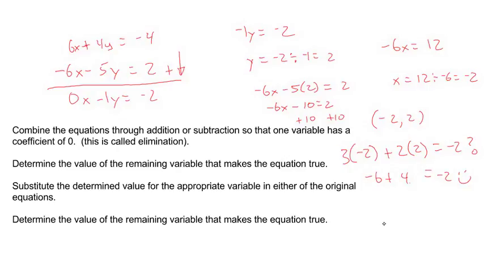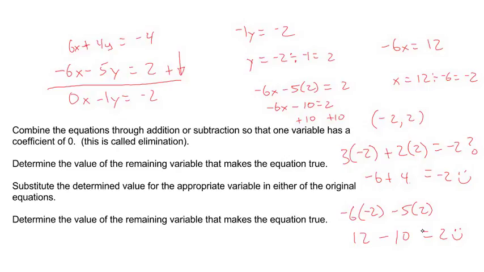So it checks in the original equation for the top one. And then the bottom equation, I'd have -6 times -2 minus 5 times 2. So I get +12 minus 10, and yeah, 12 minus 10 does equal 2. So it checks out in my bottom equation. So since my solution of -2, 2 works for each of the original equations, then I know that that is the solution to my system of equations.